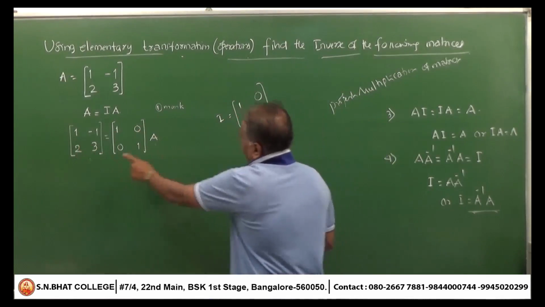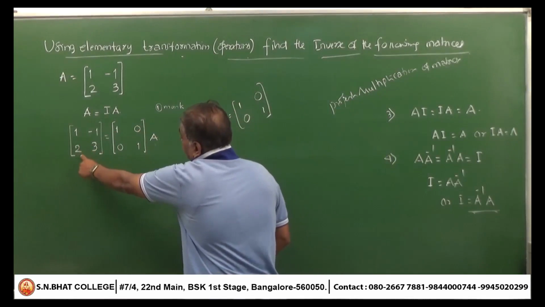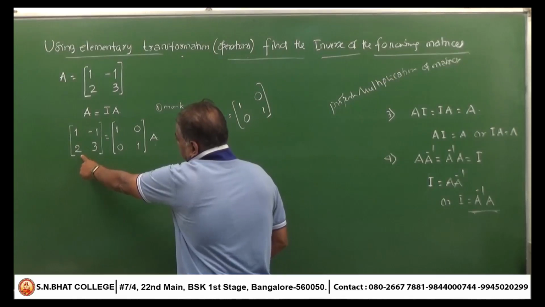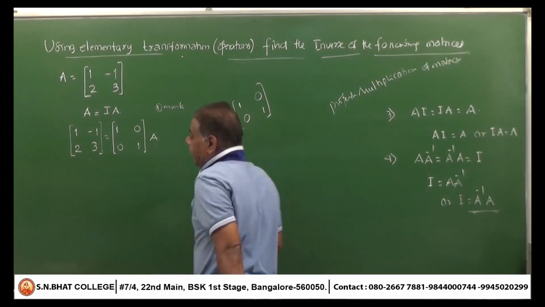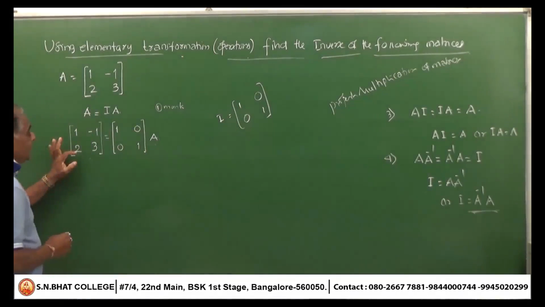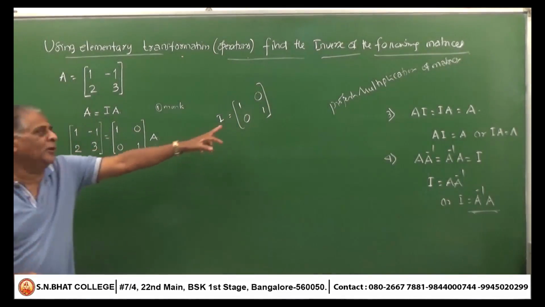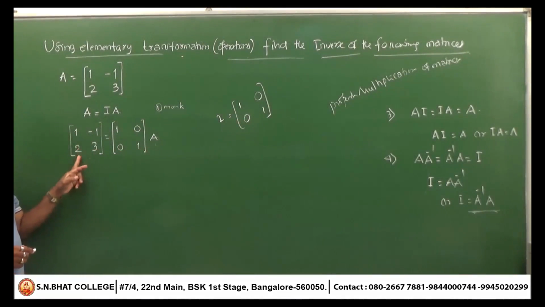Next, I have to make the second element to be 0 using row operation. To make this element 0, I have to make this element 2, so that 2 minus 2 becomes 0. To make this element 0, I have to make the first element 2.